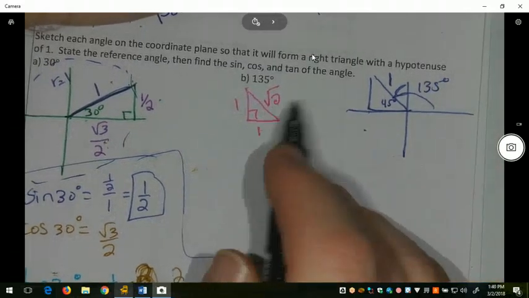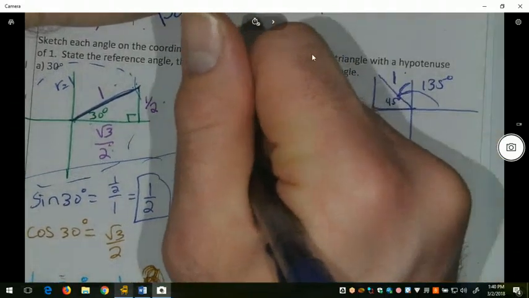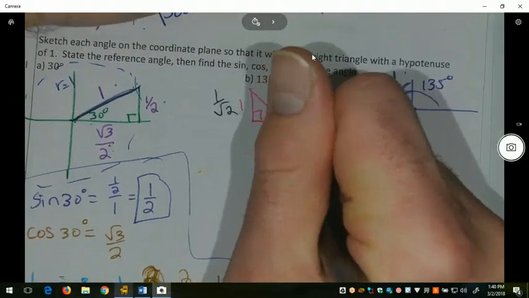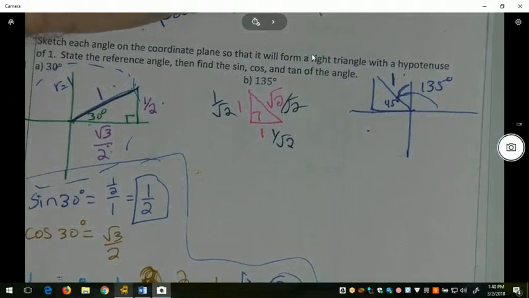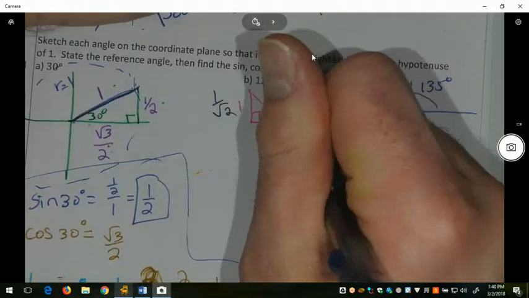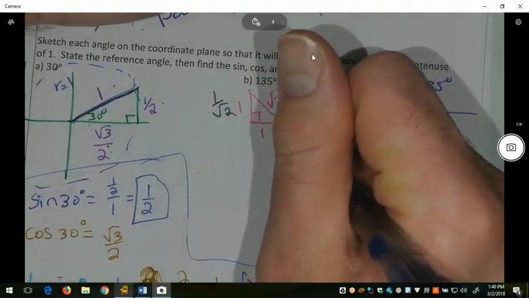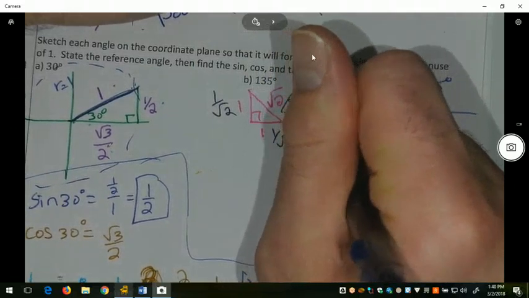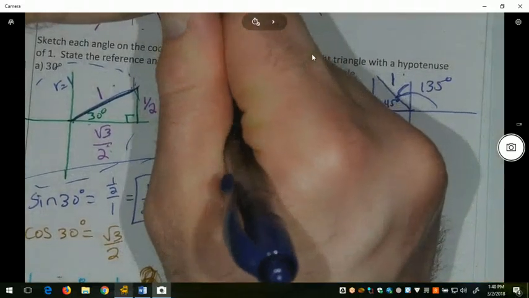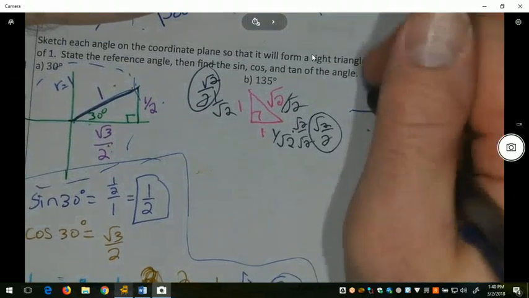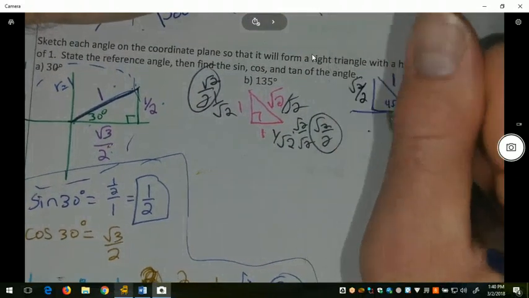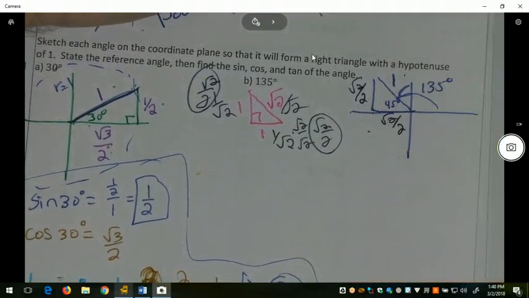So this was divided by square root of 2 to get the 1, and so is this. This is 1 over square root of 2. This is 1 over square root of 2. I know I can't leave it like that, so I'm going to rationalize that denominator now. Square root of 2, that's square root of 2 over 2 for both of these sides. So I have square root of 2 over 2, square root of 2 over 2, and 1.